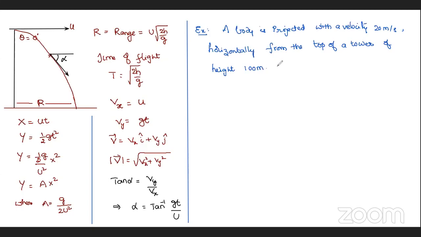Take as usual g is equal to 10 meter per second square. And here find out. Number one, I am asking.